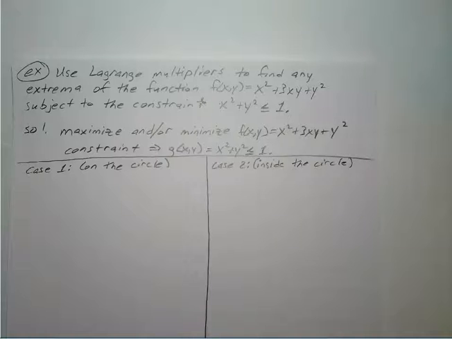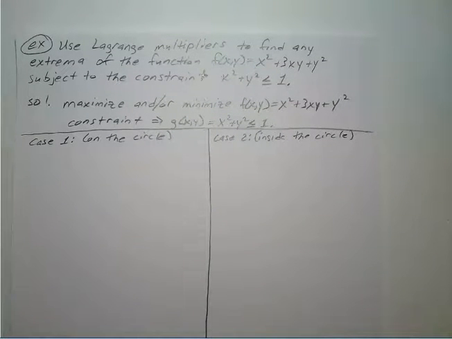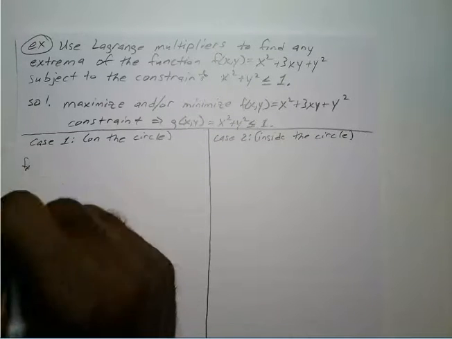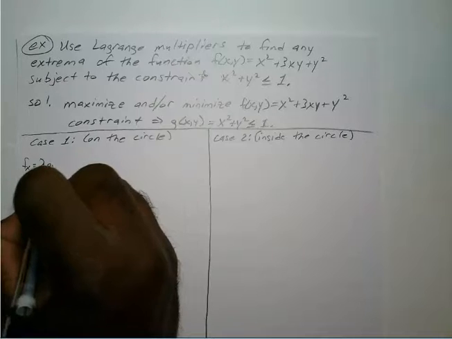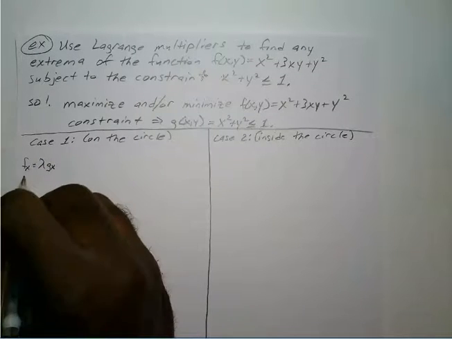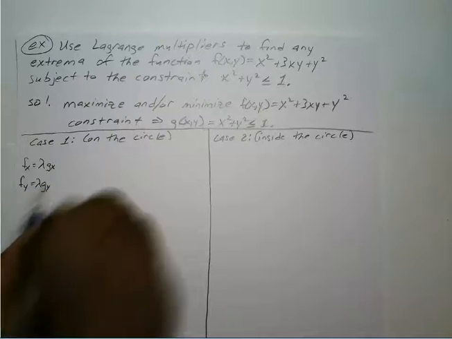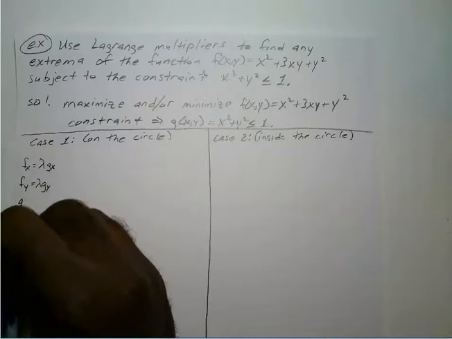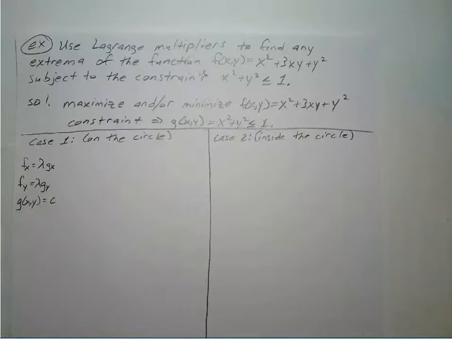All right. So we're going to do our case 1 first, which is on the circle. So we know that we have to find our partial of f with respect to x equals lambda partial g with respect to x, our partial of f with respect to y equals lambda partial g with respect to y, and our constraint g of x, y equals our constant.